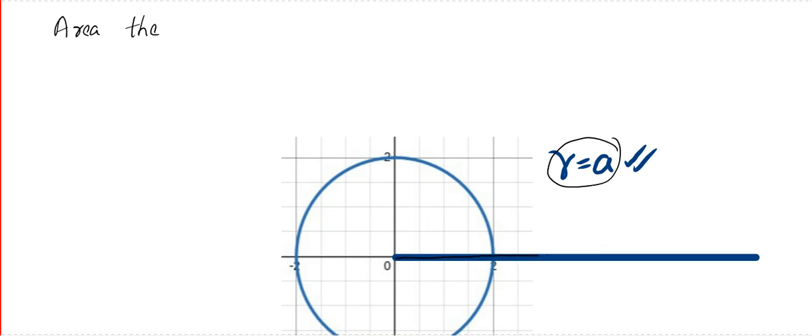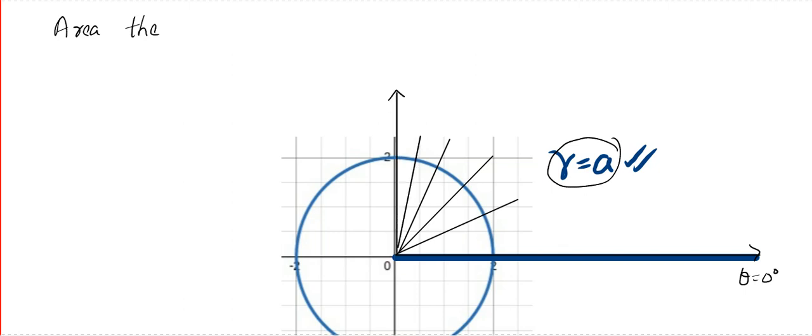So look at this, my friends. This is theta equal to 0 degrees. And maybe this is 30 degrees, then 45 degrees, then 60 degrees, and it goes on like this till we reach 90 degrees. If you reach 90 degrees, you're actually covering 1/4 of the circle.